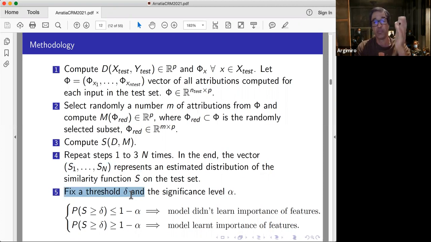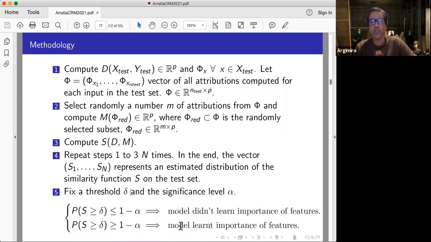I fix my threshold delta that will indicate what I consider to be similar, right? And so if the probability of these values S being greater than delta is less than my significance level, then the model didn't learn the importance of features. Otherwise, the model learned the important features.